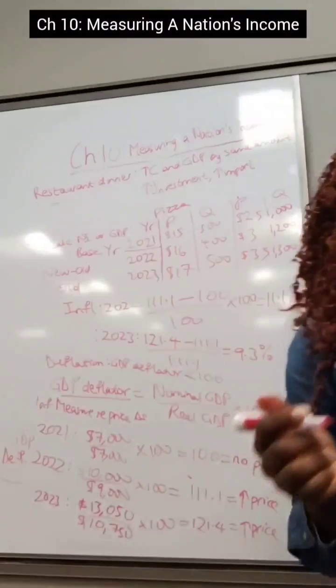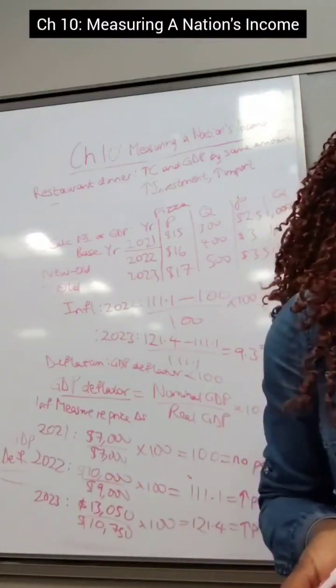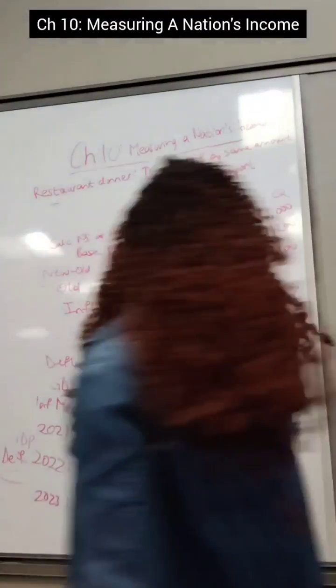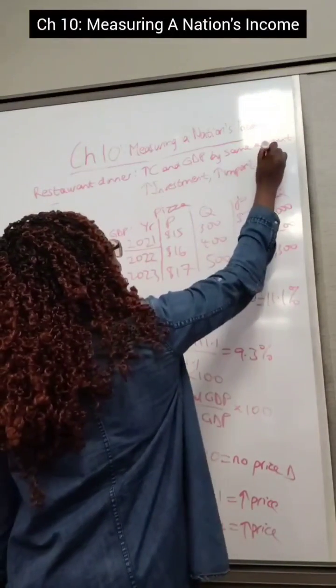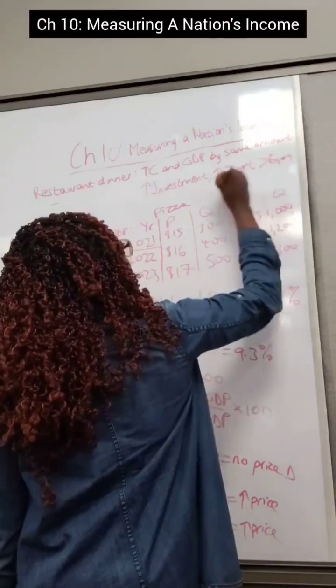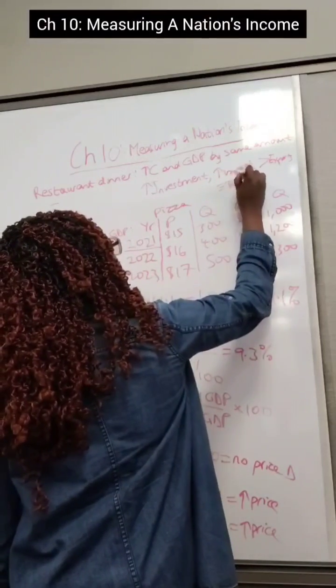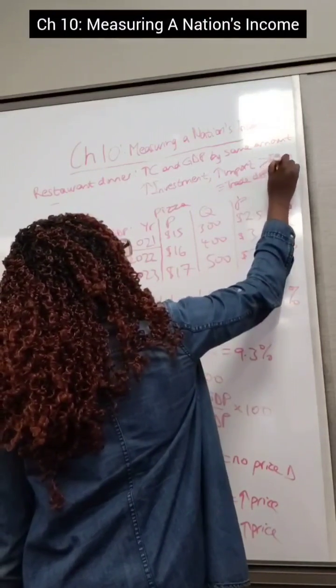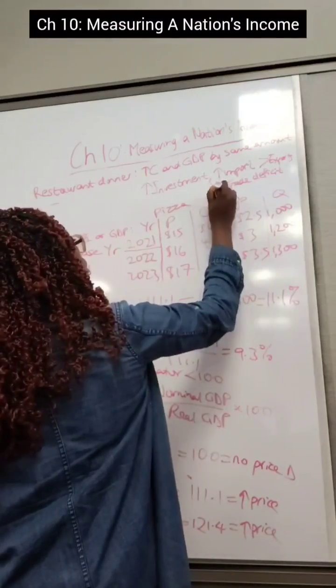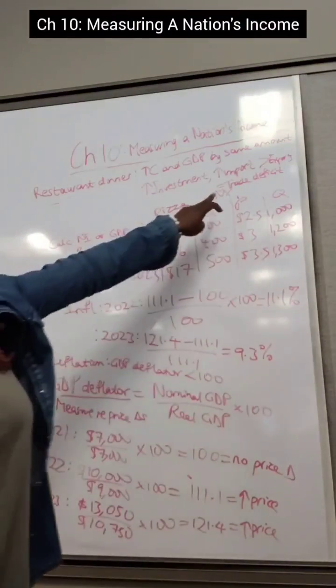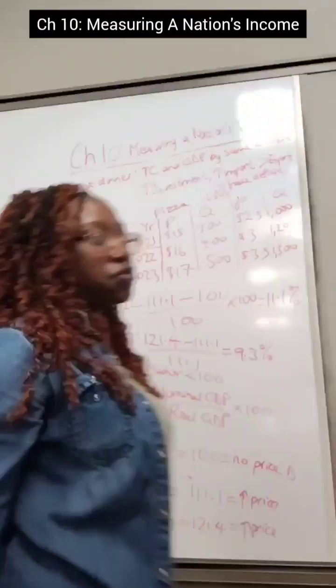And of course, if the import is more than the export, then that is going to cause what we call a deficit, right? So if import goes up and then import is greater than exports, then that is going to be a trade deficit, and that means your NX would go down. So your NX is going to reduce by that amount that was spent to buy the phone, okay?